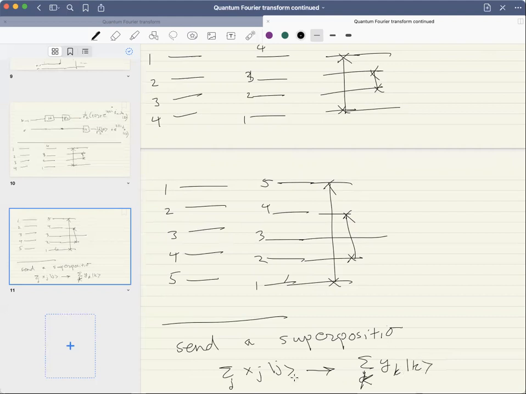So then essentially the amplitudes get transformed in the standard computational way. Now let's think a little bit about this circuit.